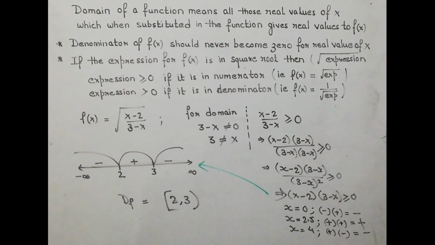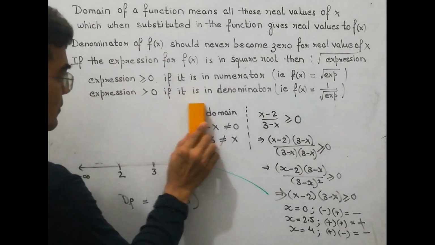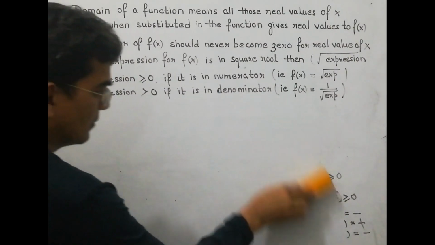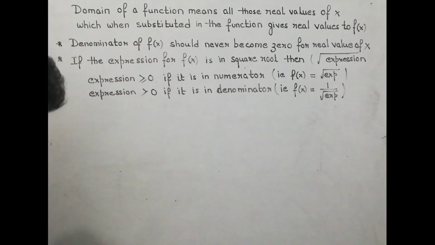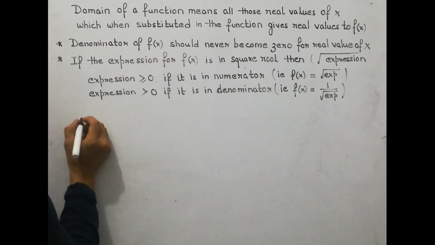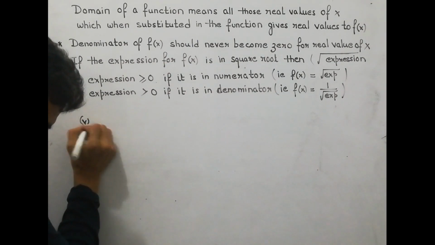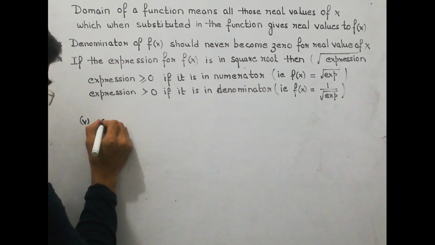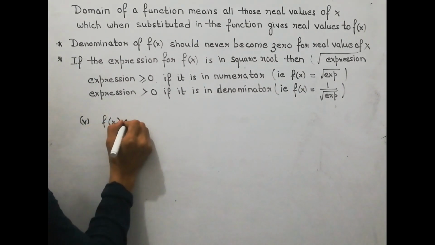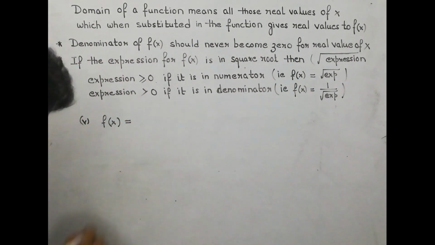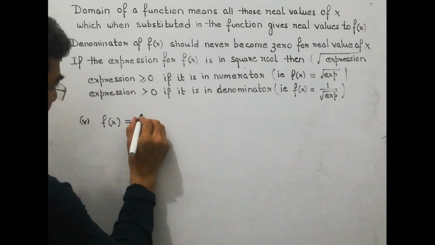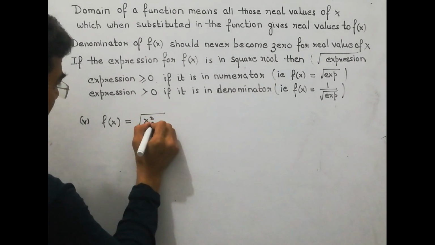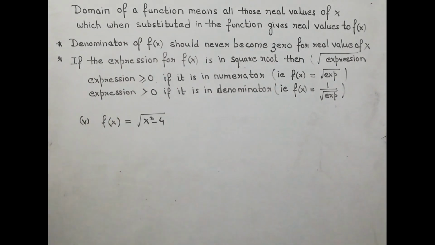Okay, now let's see the next example. We have f(x) equal to the square root of x square minus 4.